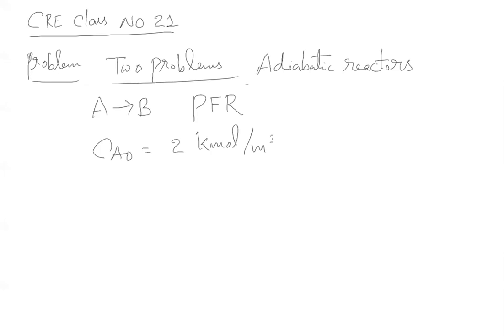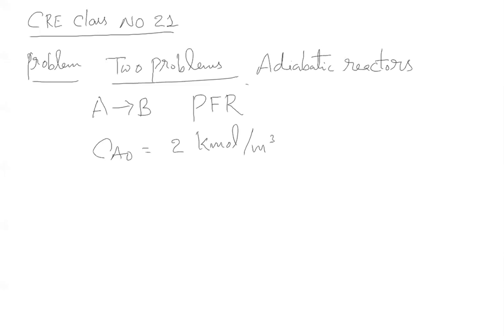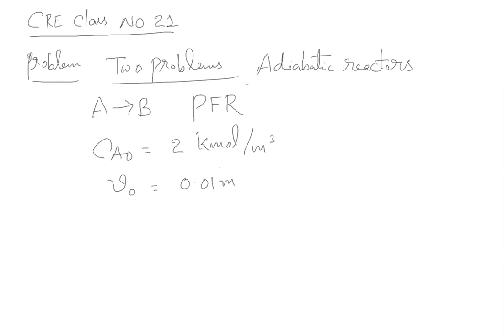2 kilomole per meter cube is fed to the reactor at the rate of 0.01 meter cube per second and at a temperature of 500 Kelvin.